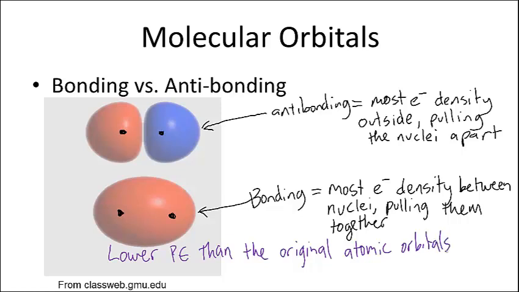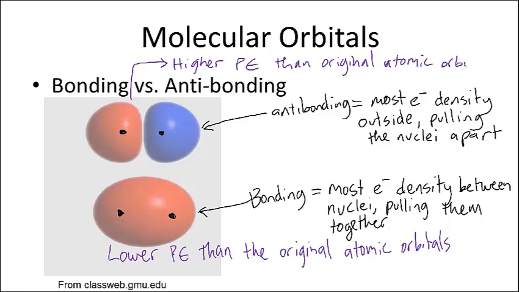And the antibonding orbital has higher PE, because the electrons are agitated. They don't get to be near the nuclei.